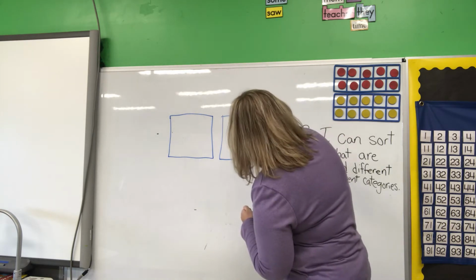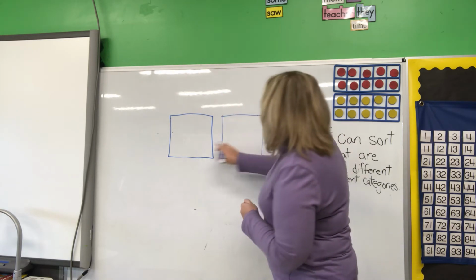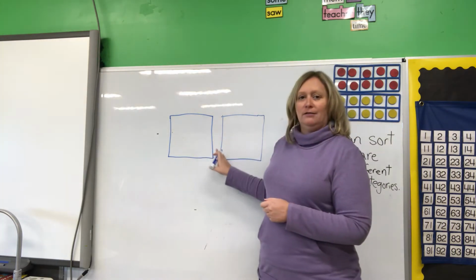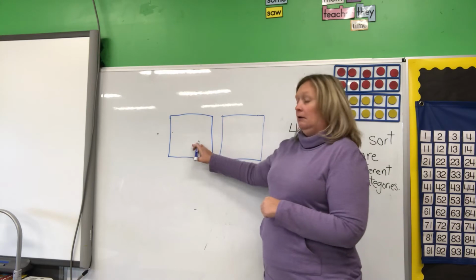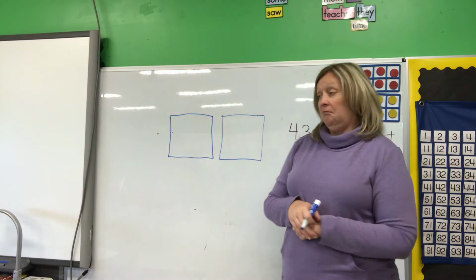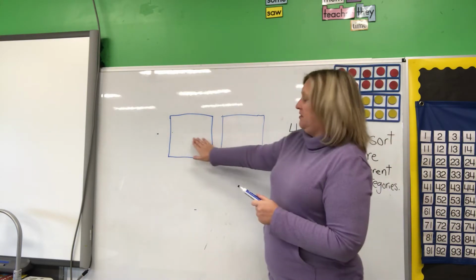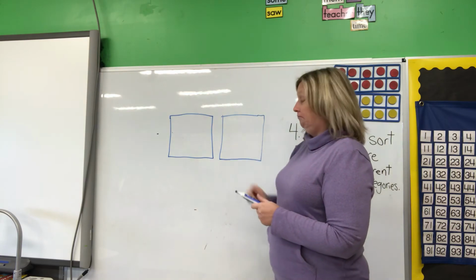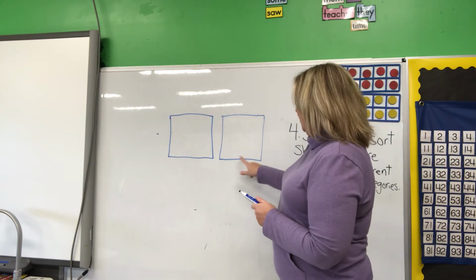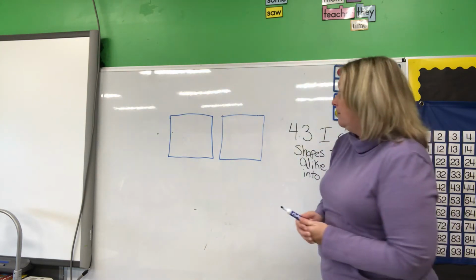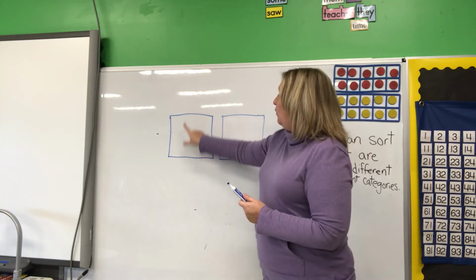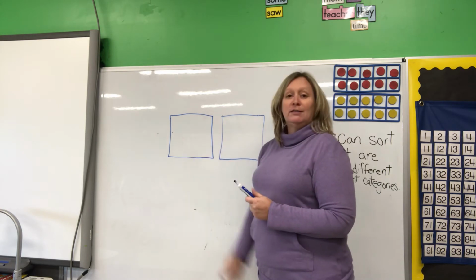You'd think I could draw a straight line. All right, so I have 2 squares. How are these 2 squares alike? Well, they're both the same shape. They're both the same color. They're both blue. They both have 4 equal sides.